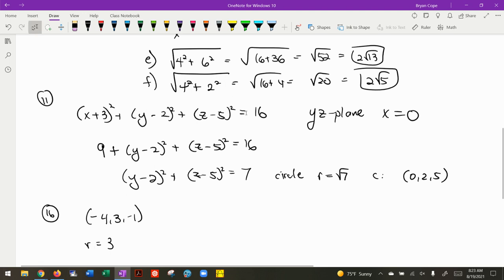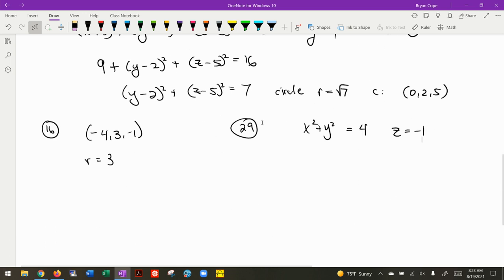Next up is 29. This one says, describe in words the region of R3 represented by this equation or inequality. We've got x squared plus y squared equals 4 when z equals negative 1. We recognize this as a circle.